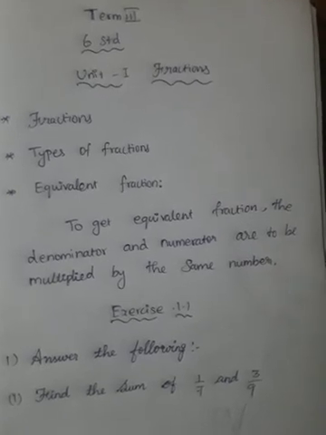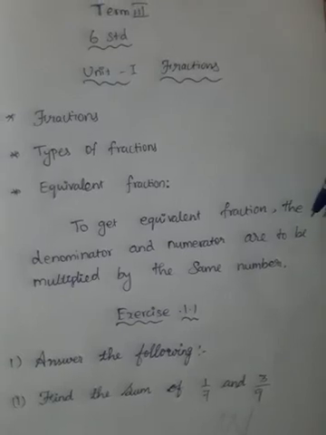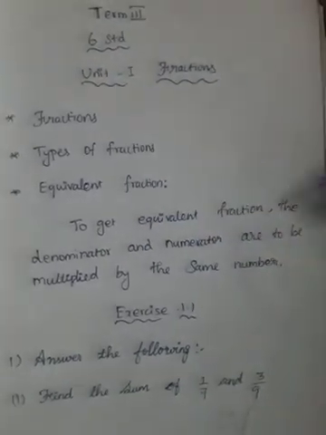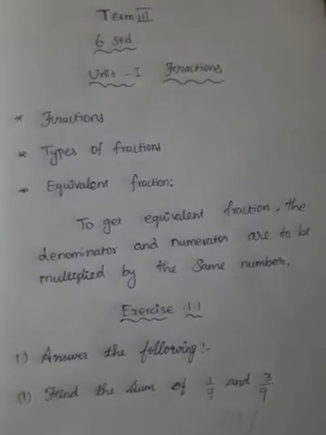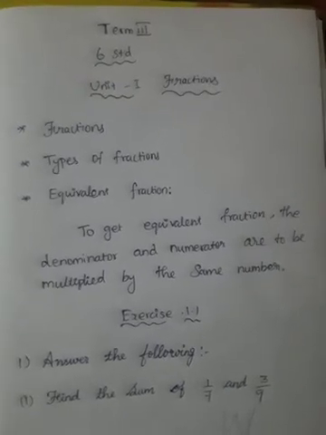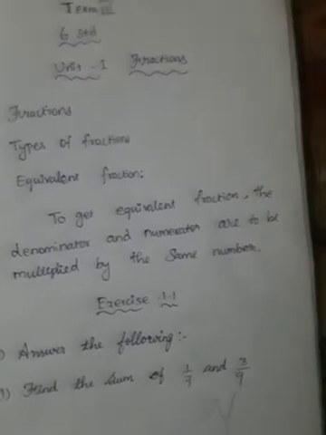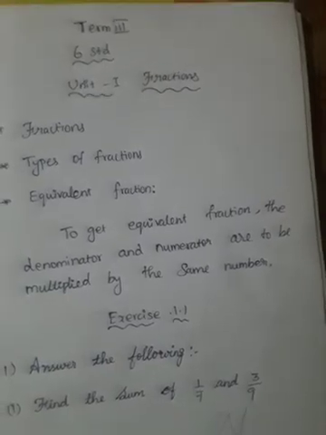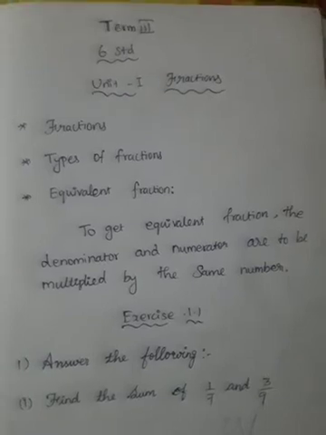If you want to find the equivalent fraction of 1 by 2, you have to multiply the numerator as well as the denominator by the same number. So if you do 1 by 2 into 2 by 2, the resulting answer will be the equivalent fraction of 1 by 2. Very easy, no? Already you have done so many sums in 5th standard, so you just recall. This is the introduction.